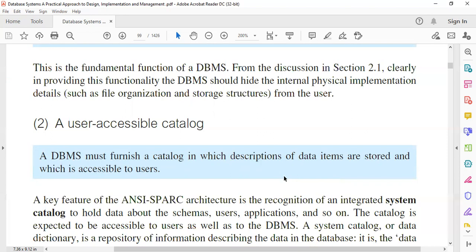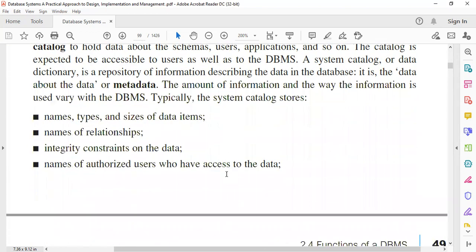So the database must be able to store that data, and must also make it user accessible, so that the users will be able to access the data, avoiding the program-data dependence that we found in the file system. So the DBMS must provide the system catalog to the various users whenever they require it.